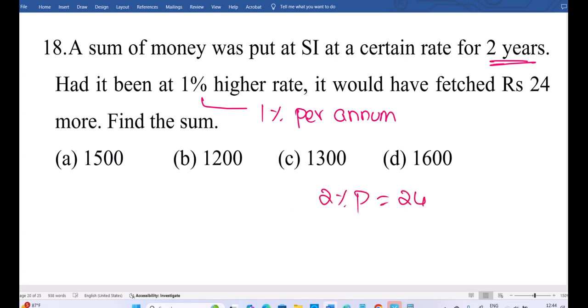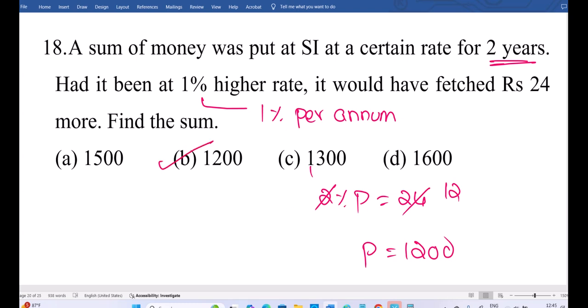See how much increase: 1% increased for 1 year, and because of 2 years, 2%. We're talking about interest, and interest is calculated on principal. So 2% of principal equals 24. 1% is 12. Principal is 1200. Option B is suitable.